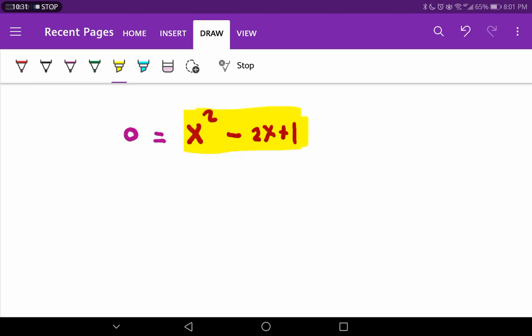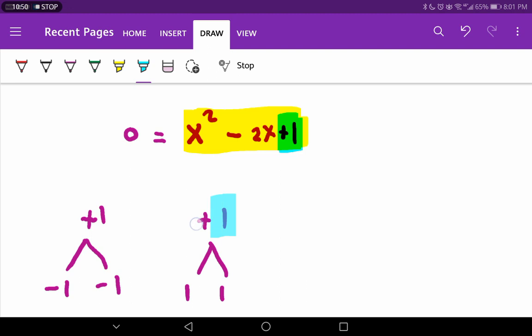You know how to do it, yes. Let me remind you how we get the positive 1. The positive 1, we get it from negative 1 multiplied by negative 1, or the positive 1, we get it from 1 multiplied by 1. Now, which one of those gives me the middle term? Actually, this one.